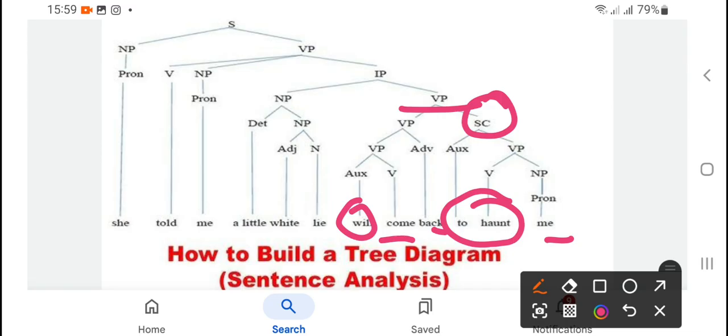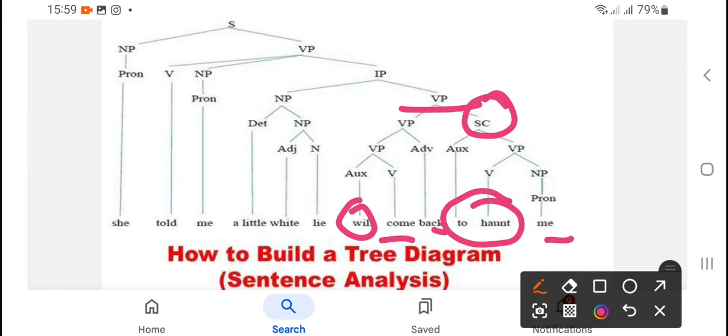So that is called SC. And then these patterns help us understand how subject and verbs interact with complement, the roles of different parts of the sentence, which contributes to a clear understanding of sentence meaning and construction.